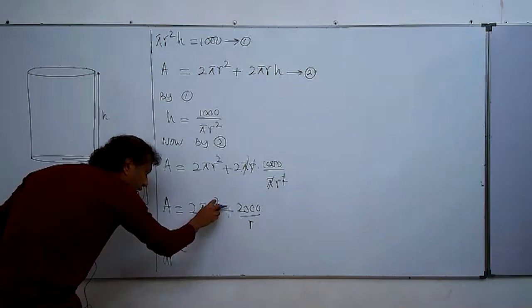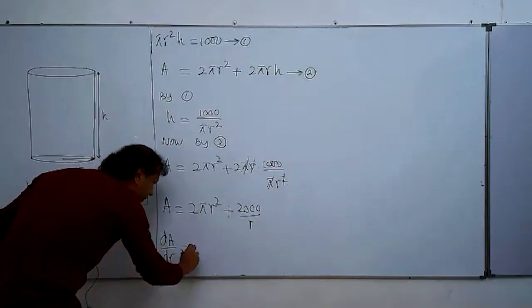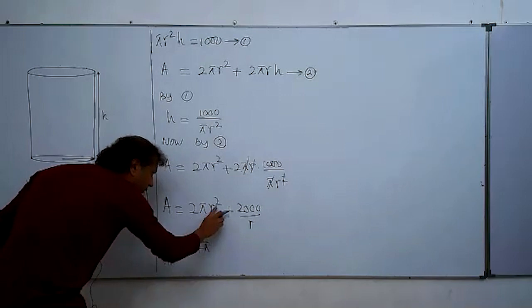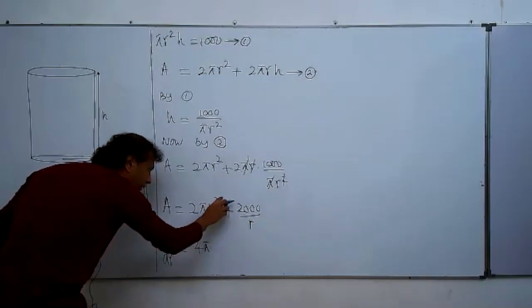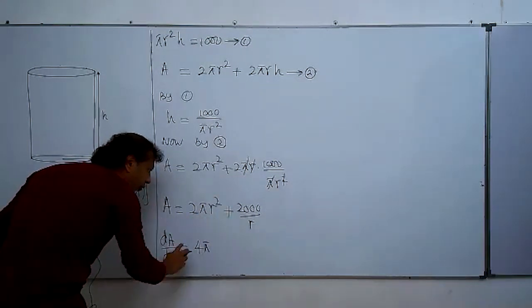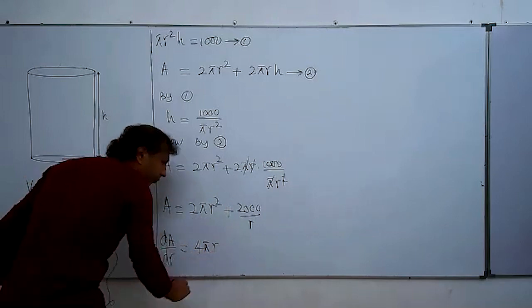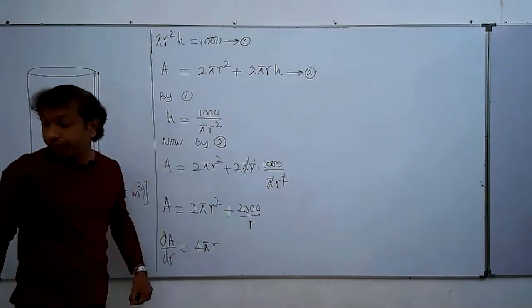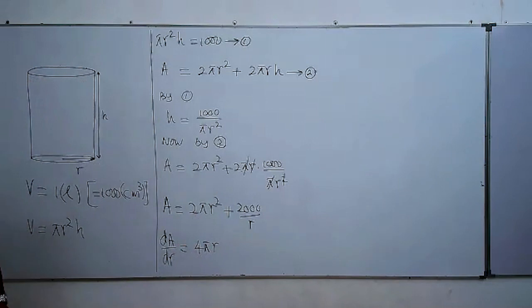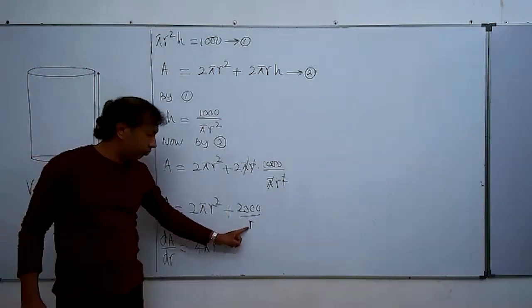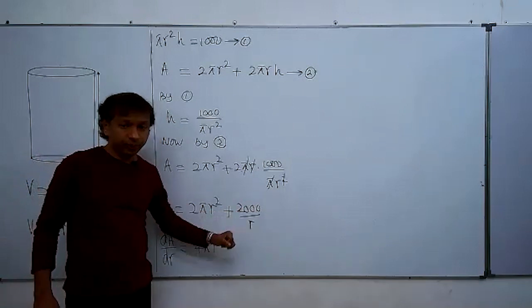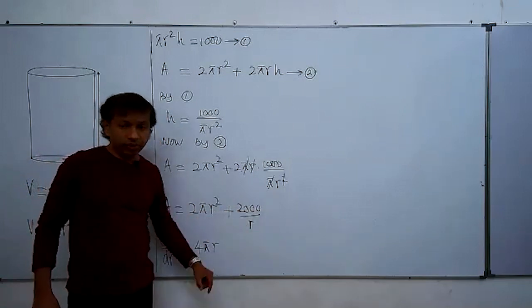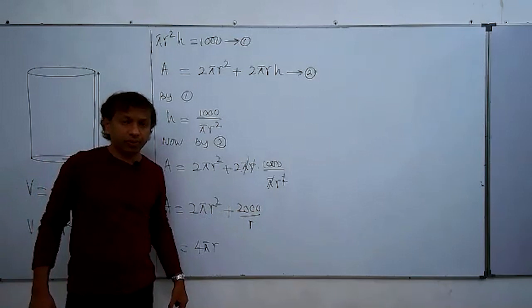This R squared, this 2 coming before this, we get 4 pi R. And when you differentiate 2000 divided by R, you first bring this R to the numerator, that will be R to the power minus 1.